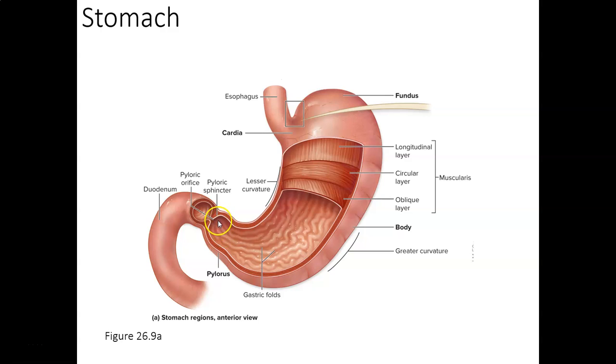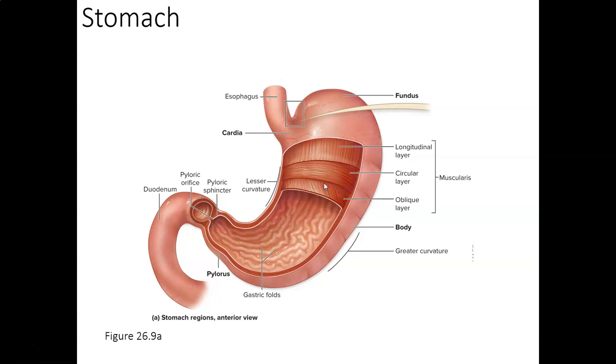So there's two sphincters, right, guarding the passage of the stomach. This sphincter here is right next to the pylorus, and it's called pyloric sphincter.